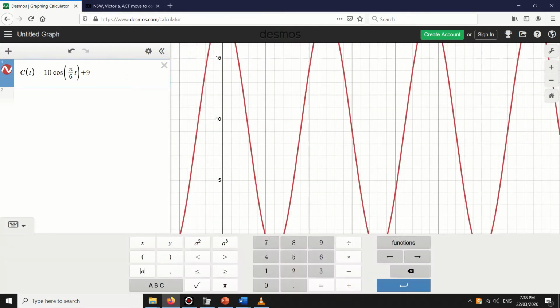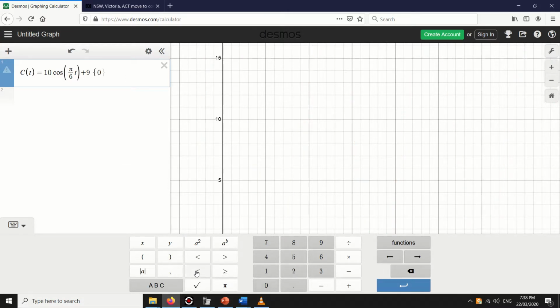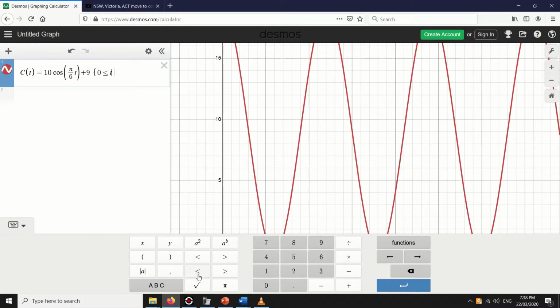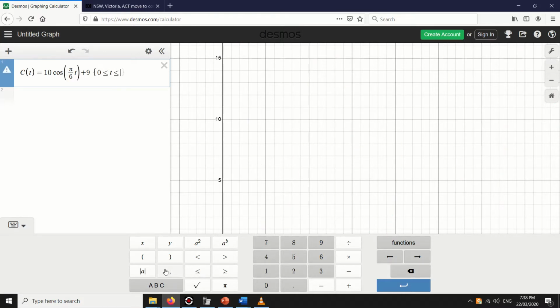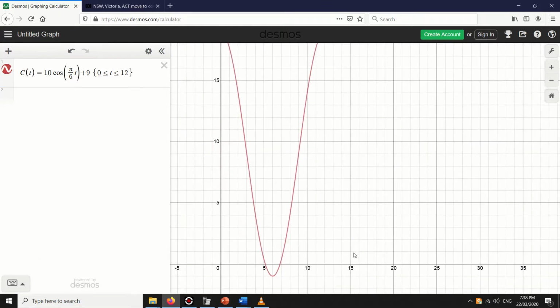Now what I might do is I want to look at this over 12 months, so I might restrict the domain. 0 is less than t, less than, well, normally I'll go 2 pi here, but I want 12 months. Okay, so you can see this graph.